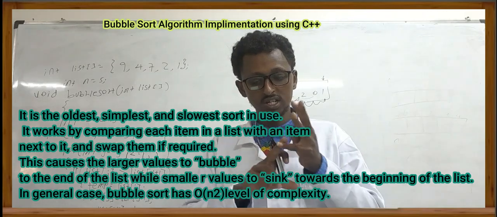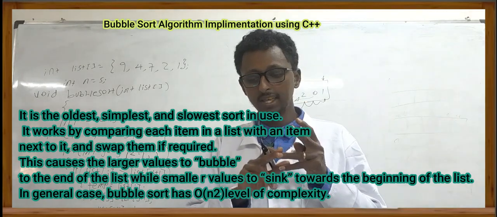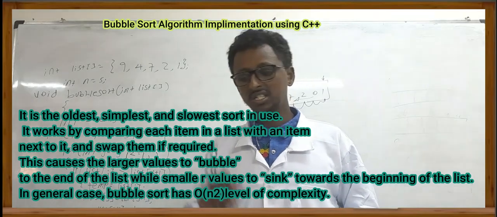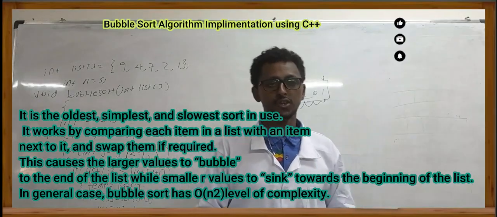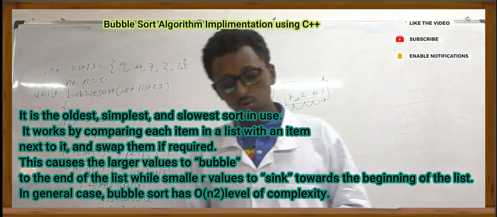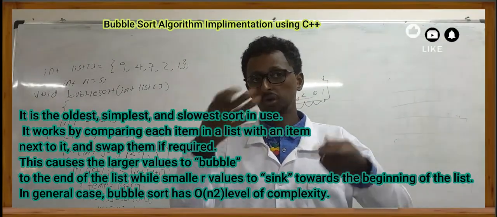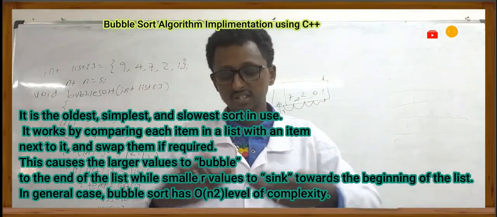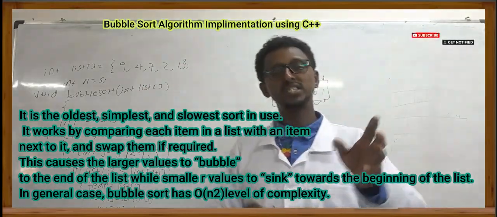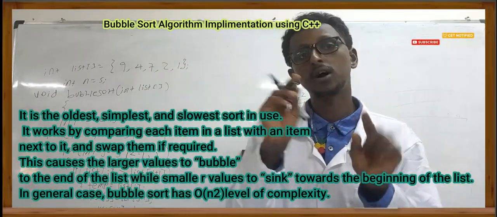Bubble sort is the oldest, simplest, and slowest sort in use. It works by comparing each item in the list with the item next to it, and swapping them if required.